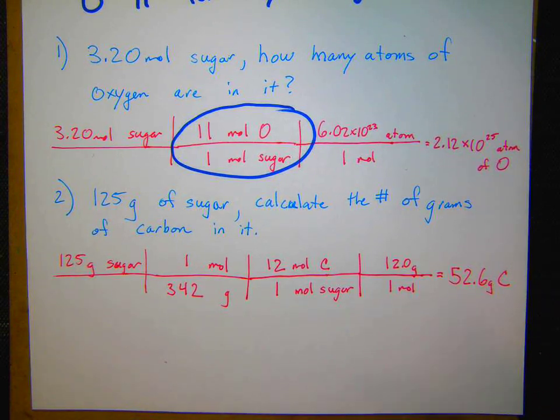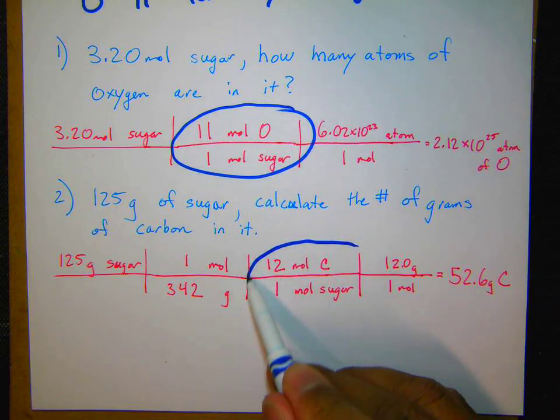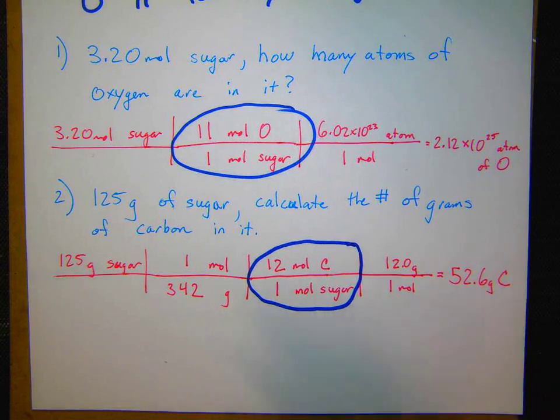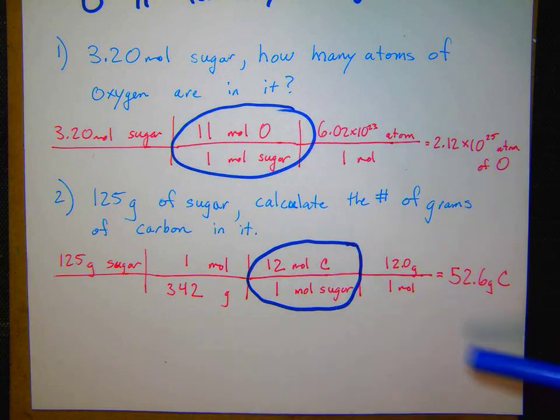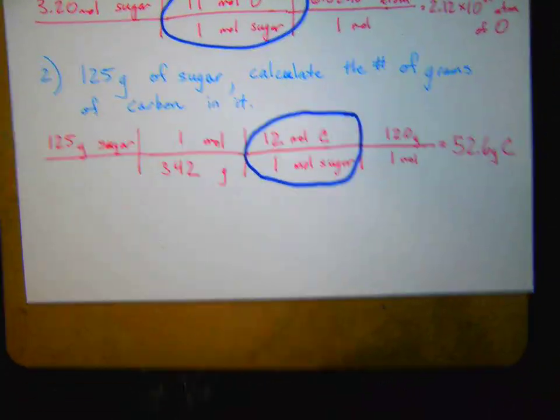Again, we got there because we looked at the formula and realized that there is 12 moles of carbon in it. So we figured out how many moles of sugar there is, then we multiplied by 12, because there's 12 for every one, and then changed it to mass. All right. Any questions so far? All right, last one, if I can fit this in here.